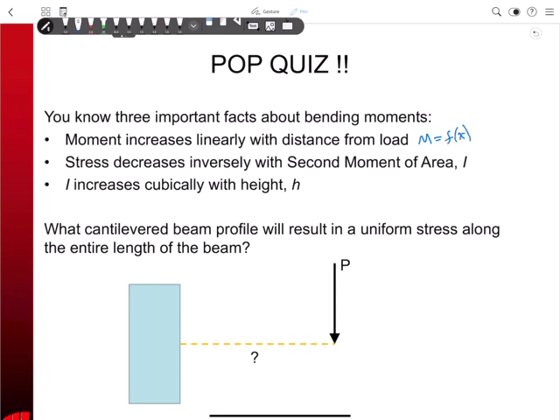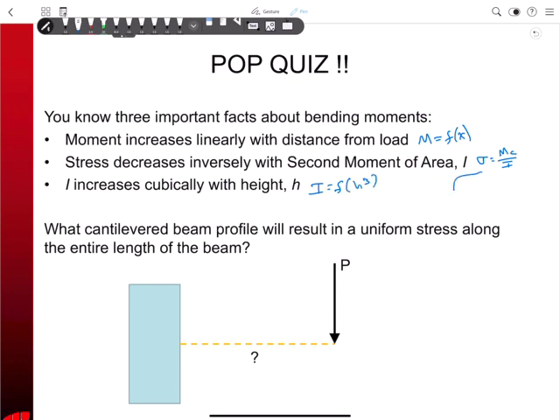Stress decreases inversely with the second moment of area, as I increases, so sigma equals Mc over I, but I equals a function of h cubed.